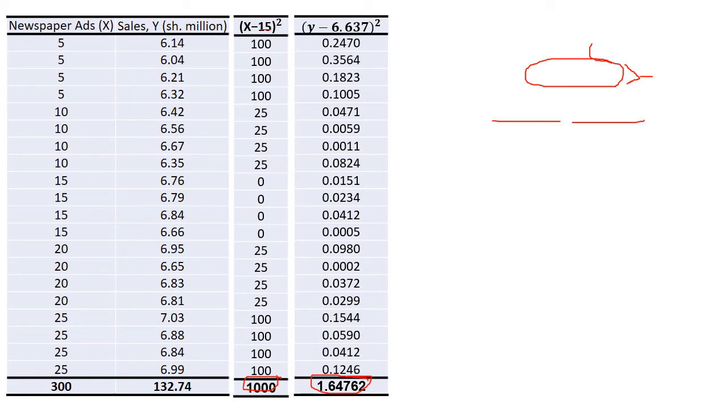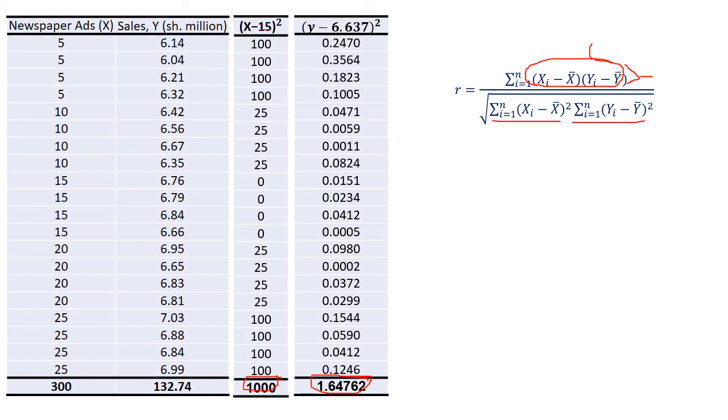So when we have this, we can now use the formula. This is the sum of the product of the deviations we had seen, which is 36.5, and then this is the sum of the squared deviations of x, which is equal to 1000 here, and this is the sum of the squared deviations of y from its mean.